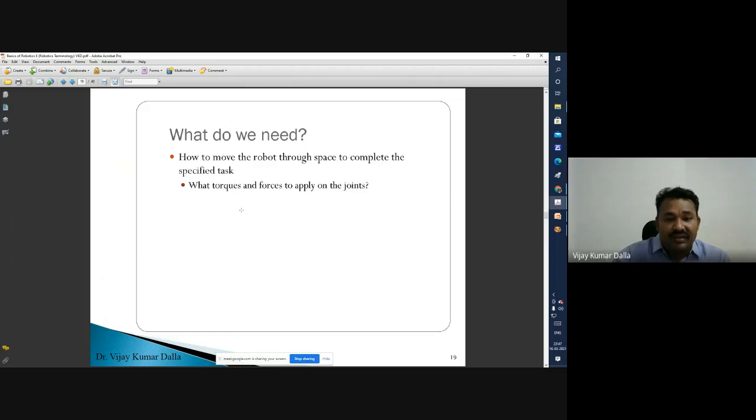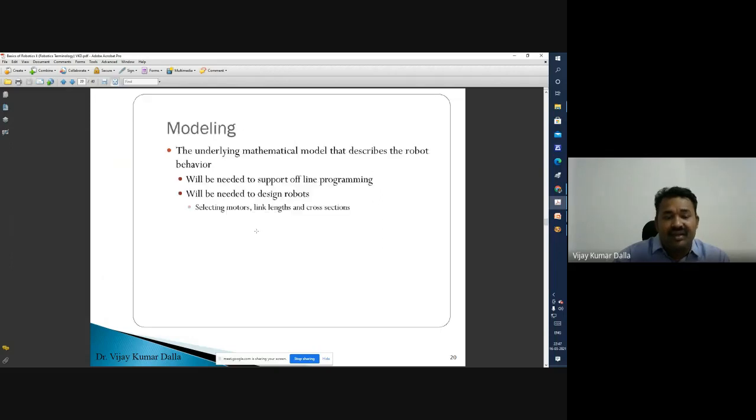Proper torques or forces are required to move the joints. What about modeling? You might know one can model a robot by mathematical equations or by block diagrams or by graphical representations.